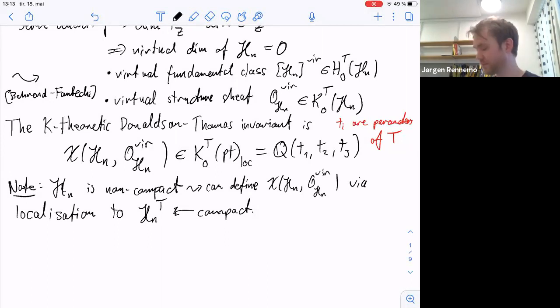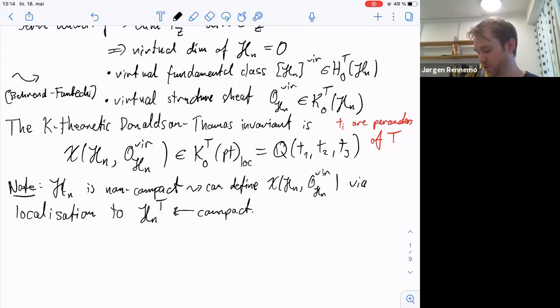So this is all based on pretty abstract and difficult technical machinery, and we'll get to a point where I can explain to you concretely what these things are in this special case of HN. But before doing that, I want to explain how, even without specifying exactly what they are, they are very much computable concretely.